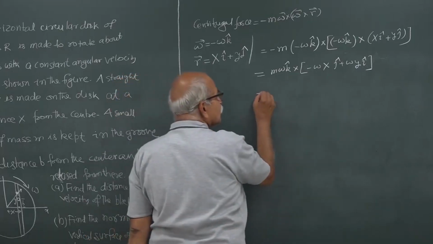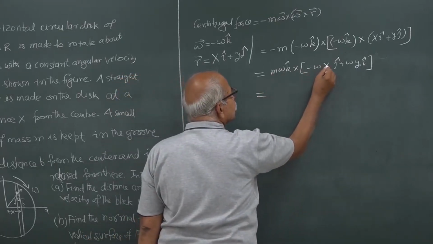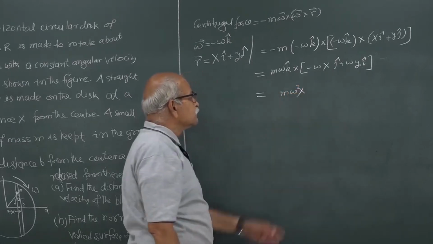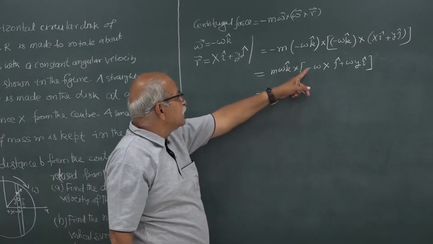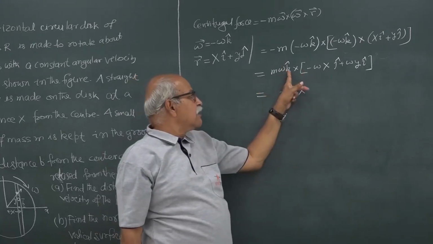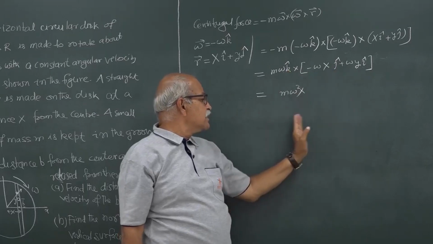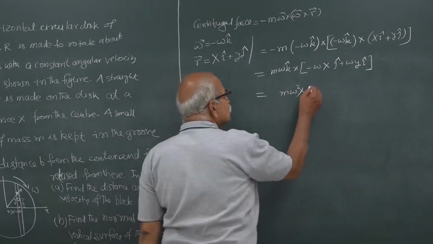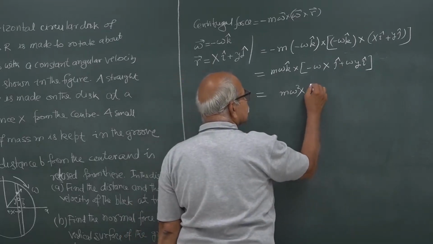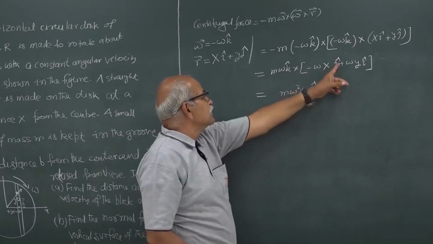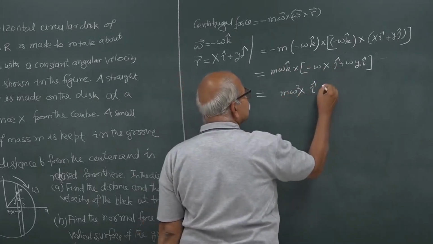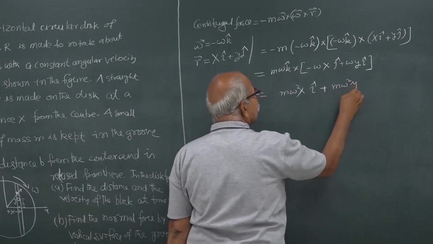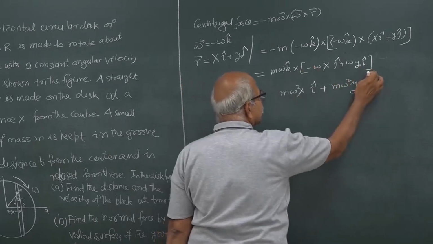What is this? m omega square X, m omega square X, that is this, and then we have a minus sign here, and k cap cross j cap, i j k, k cap cross j cap is minus of i cap. So, this will be i cap here, one minus here and one minus coming from there. Then here it is plus m omega square y and k cap cross i cap is j cap.